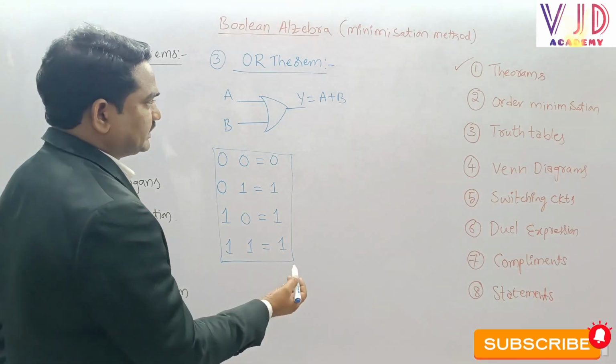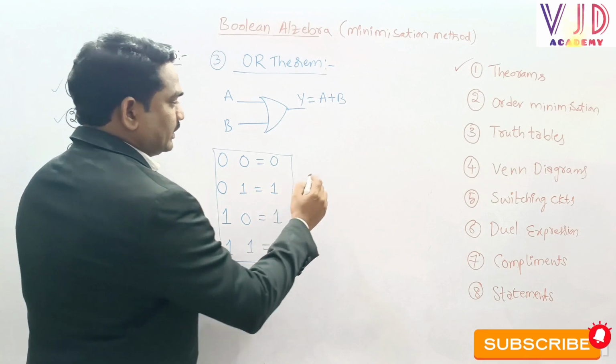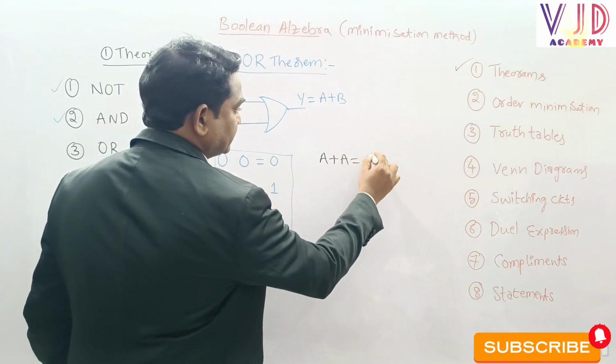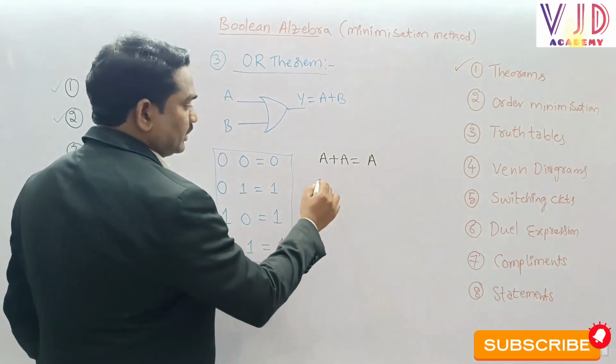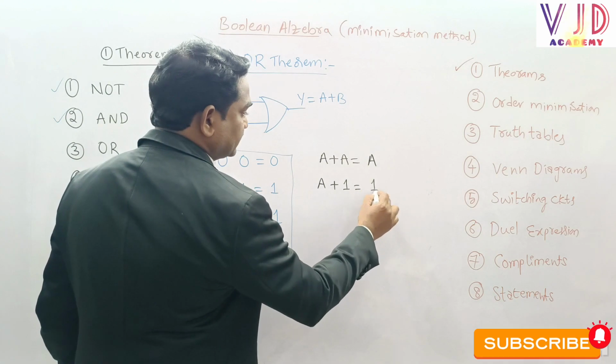And now let us try to understand the OR theorem. So here when we add A plus A, the output is A. And now A plus 1, the output is 1.